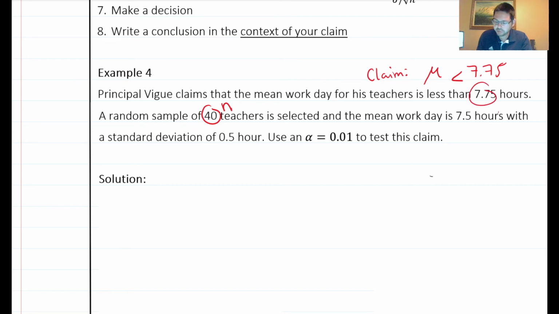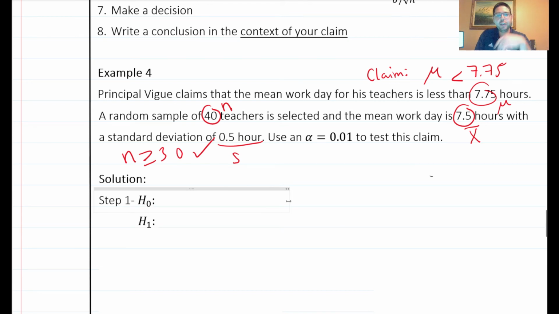From the sample, this is my x bar, your average, the mean workday. And then the standard deviation of 0.5 hours, that's your S, your sample standard deviation. And then, of course, we have our alpha. So yes, we can do this test because n is greater than or equal to 30. So yes, we can use it. All right.